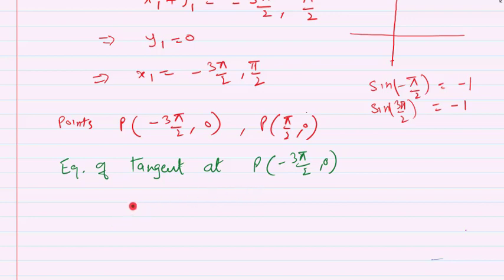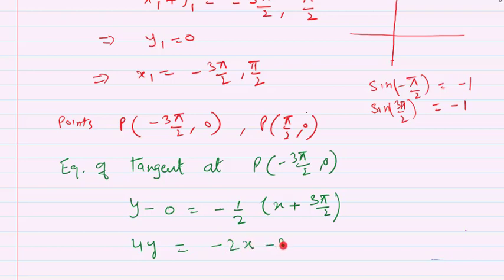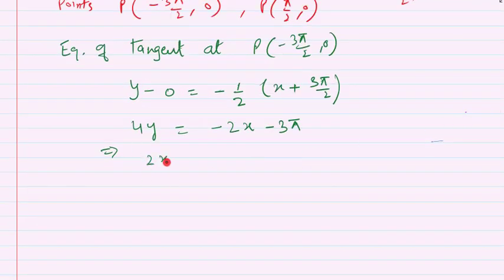So it is y minus y1, that is 0, is equal to the slope, which is clearly minus 1 upon 2, as we have already calculated, into x minus x1, that is x plus 3 pi by 2. After solving this, we get 4y = minus 2x minus 3 pi, which implies that one of the equations of the tangent is 2x + 4y + 3 pi = 0.